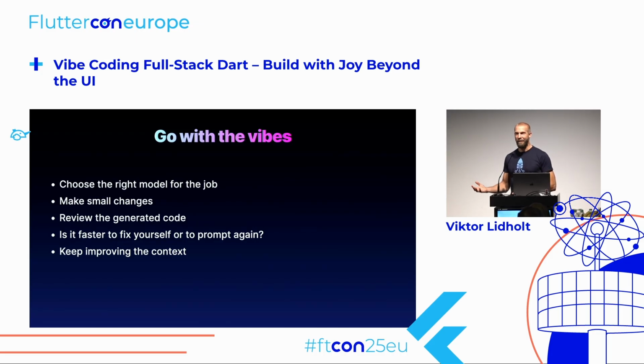And with developers, I would review the code it writes. And after a while, think about whether this is a fix that's faster to do myself, or should I really ask the LLM one more time? Because when you're on your fourth iteration, you're like, it's so stupid.